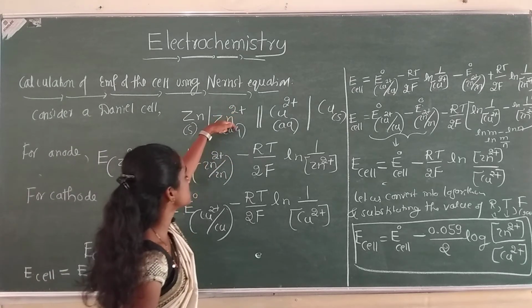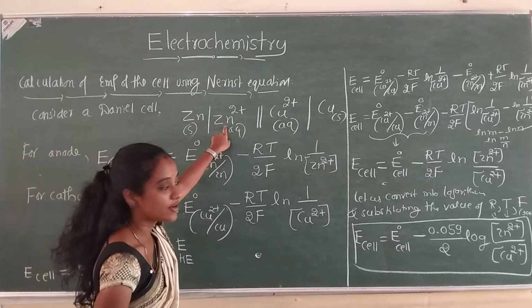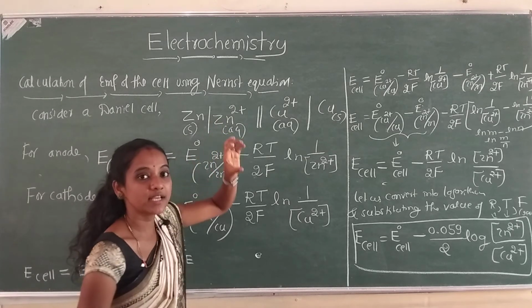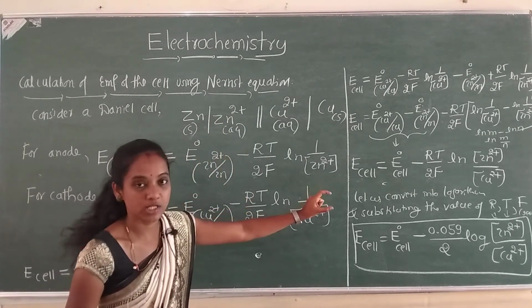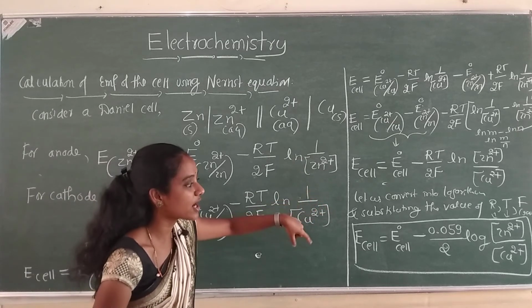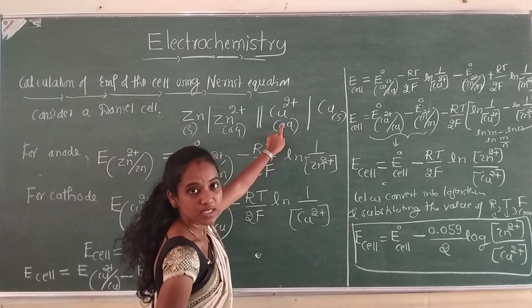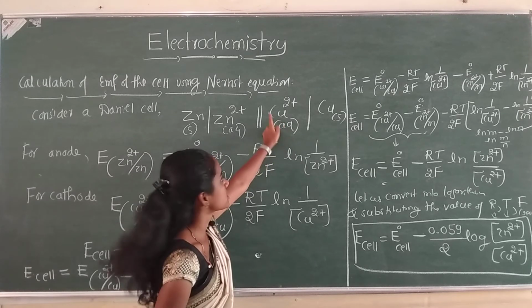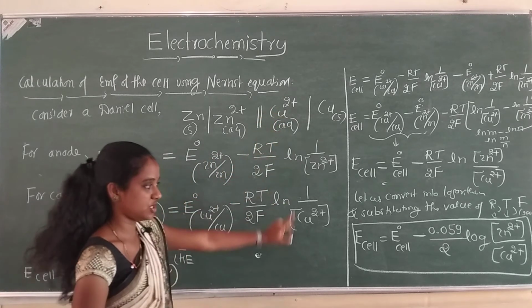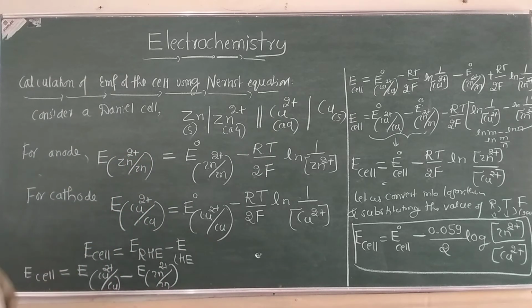So the oxidized form is Zn2+. So always the oxidized species should be in the numerator, its concentration should be written in the formula, divided by the concentration of Cu2+ ion, isn't it? This is the reduced form of the species. So very very important. Next we shall solve some problems.